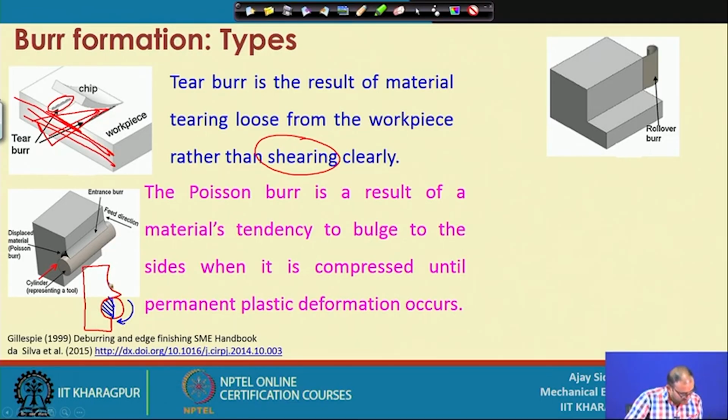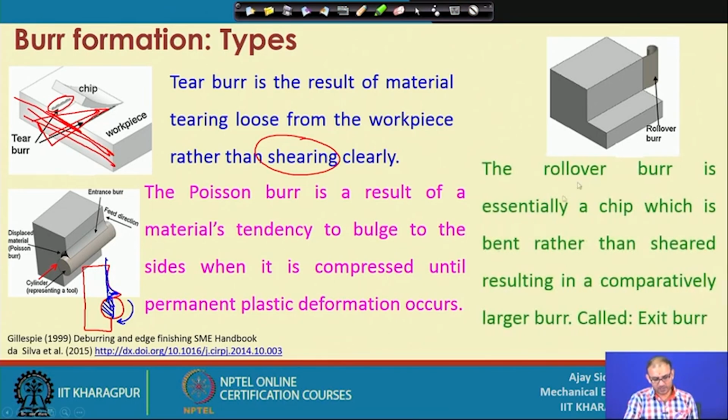So, this material is going to this particular location, correct. Now, this is called a Poisson burr. Whenever you get this type of Poisson burr, it is because of the displaced material. If you continue in this direction, with rotation in this direction, there is a high chance that this Poisson burr will be removed.